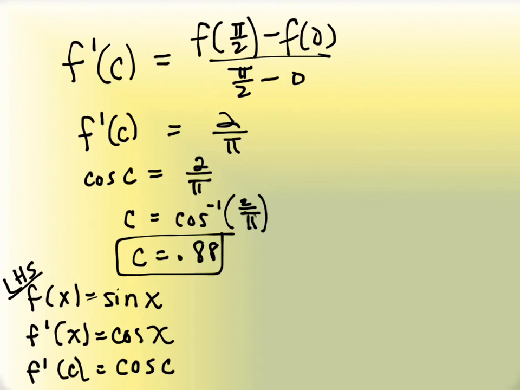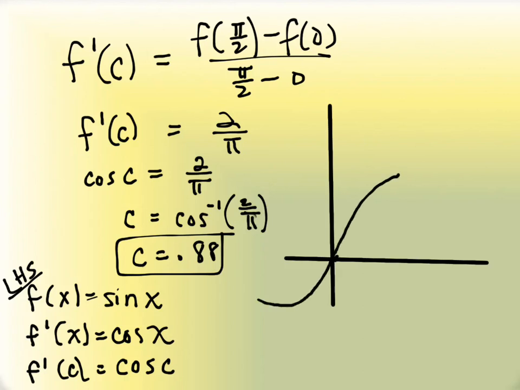So what does this look like on a graph? Well, you can graph sine of x between 0 and pi halves if you'd like. You probably know what it looks like, but if you aren't sure, you can go ahead and graph it. It looks like this, but without the left-hand side that I just drew in.